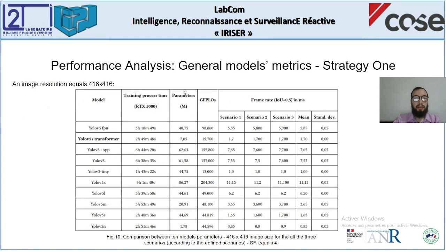Okay, in relation to all the metrics for the lowest resolution, we got a better result in general in relation to the YOLO V5 transformer, which is one of the smallest ones.